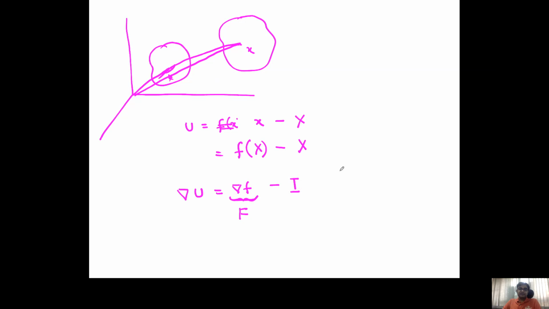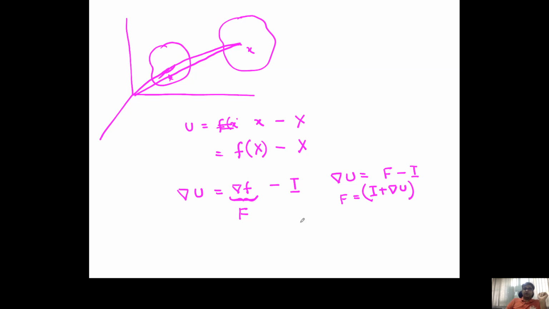So with that, what do I have? You see, gradient of u is equal to F minus I, which means F is equal to I plus gradient of u, right? So this is what we have.